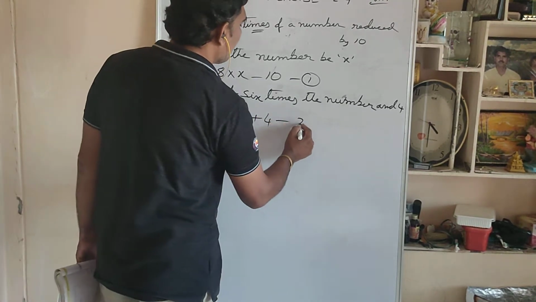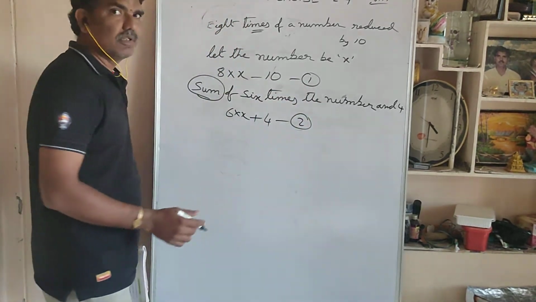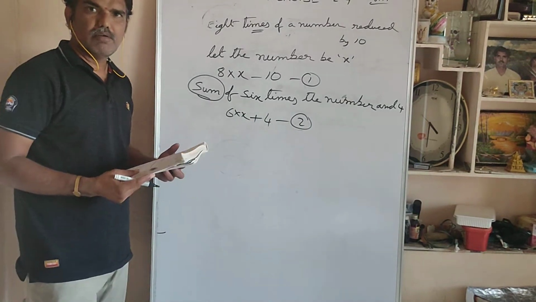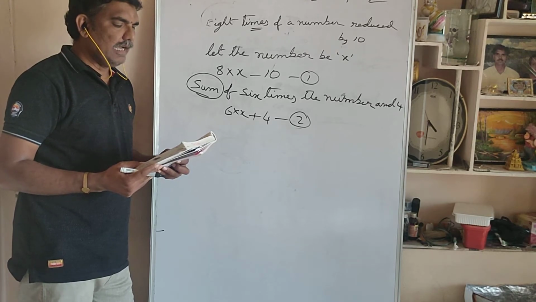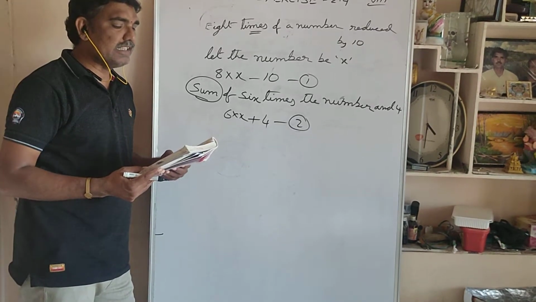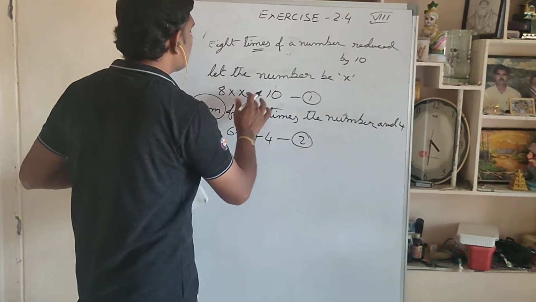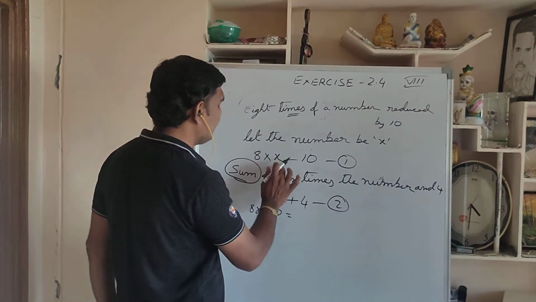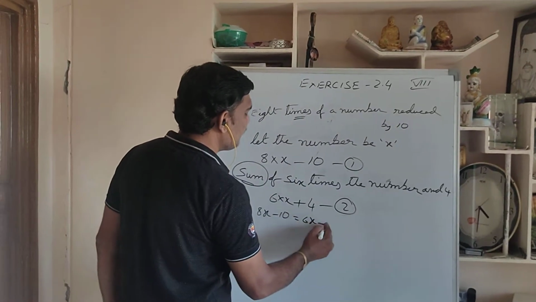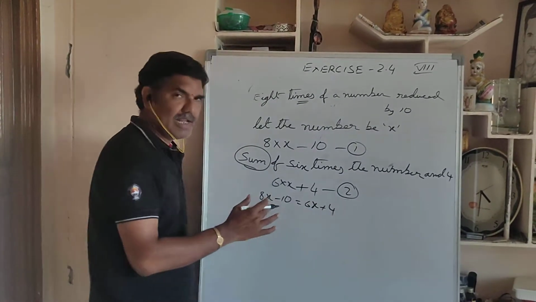Now he gave a relation between 1 and 2. What is that relation? 8 times of a number reduced by 10 is equal to, means he said whatever the value of 8x minus 10 is, 6x plus 4 will also have the same value.